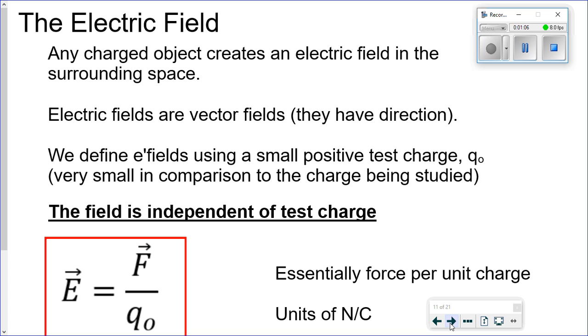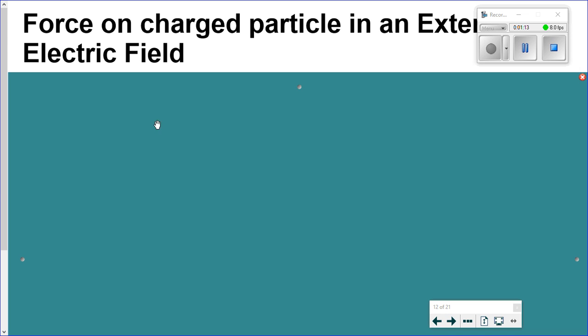So here comes our new learning, and I am going a little out of order from the chapter. So we're going to now start talking about force on charged particles in an external field. So we're going to have a field set up by something, usually parallel plates. We're going to throw a charge in it, and we're going to see what happens.